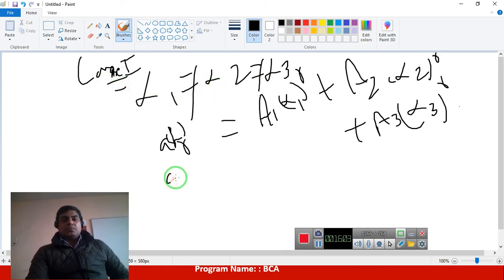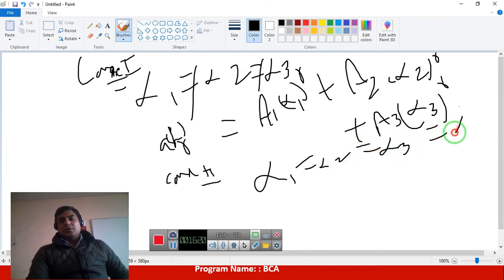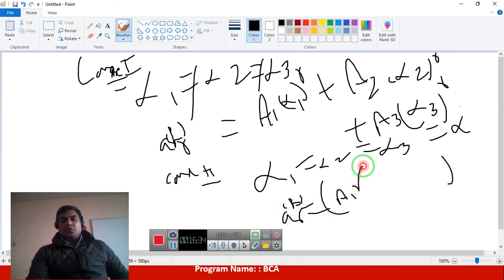Second case: if all the roots are repeated, suppose that alpha 1, alpha 2 and alpha 3 have the equal value, then you should write the homogeneous solution a_r^(h) in this way: constant times r to the power 0, constant times r to the power 1, plus constant a3 times r to the power 2.